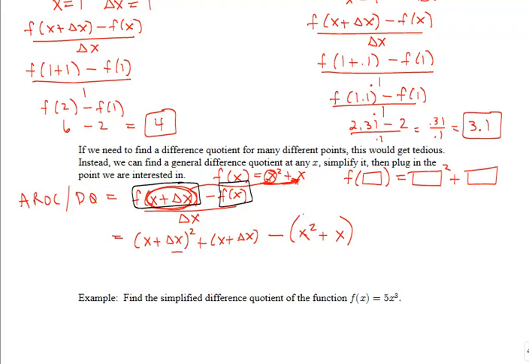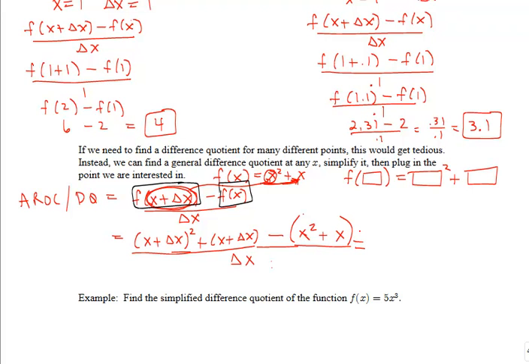So here was my f of x plus delta x, here was my f of x, and I subtracted them. And what are we supposed to do with that difference? We have to divide it by our quotient delta x. So this is what it looks like initially, and it looks like it's pretty messy, but we're going to simplify it. So we're just going to do a little bit of arithmetic here.